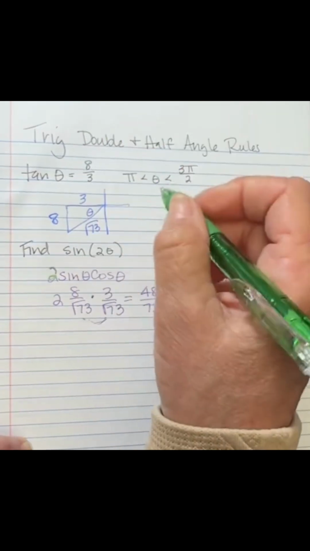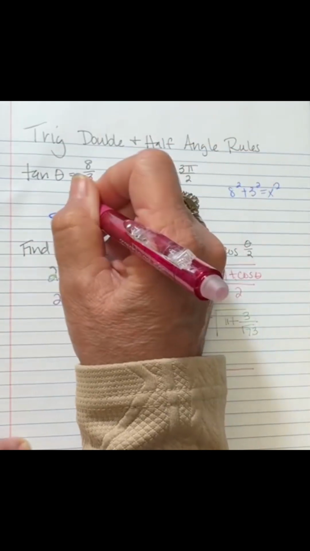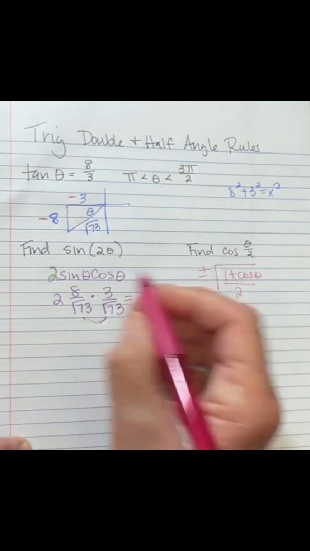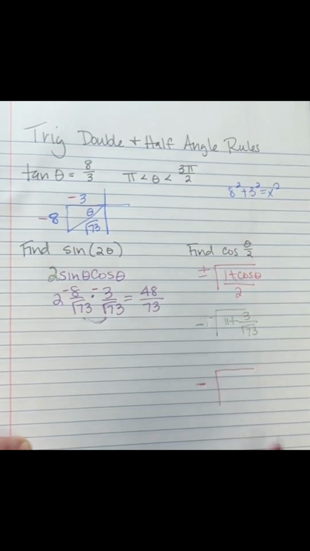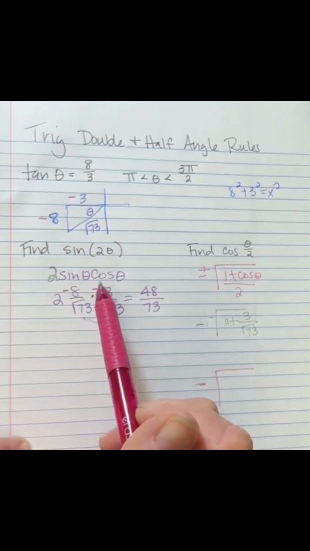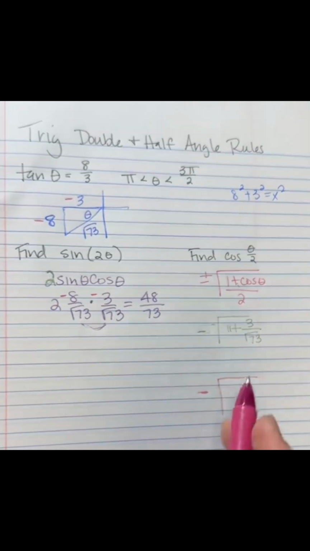Whoa, we gotta fix this. Let me fix this in pink. This is negative and this is negative because it's left and down, quadrant 3. So a negative and a negative ends up being a positive. But if it's in quadrant 2 or 4, that's going to be where one's negative and one's positive. So we need to be careful with that.